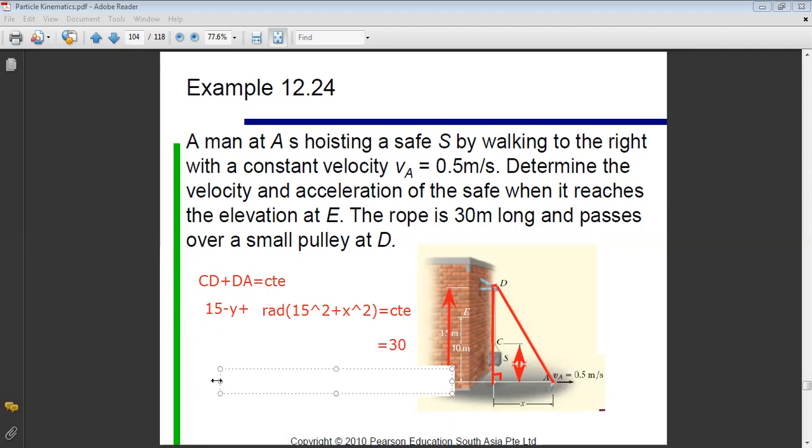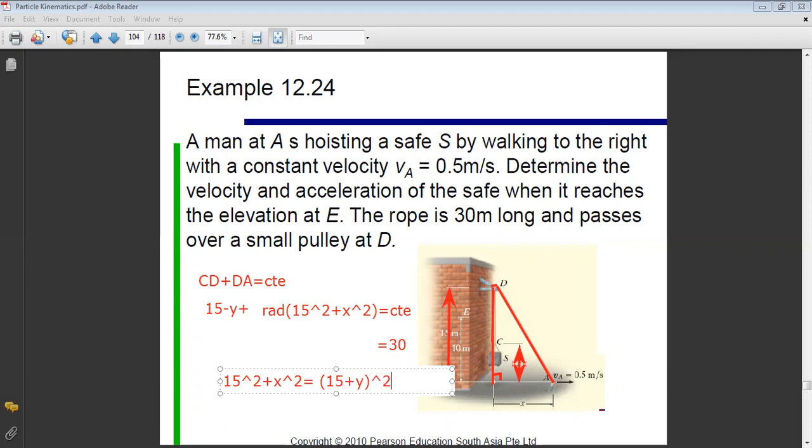So instead of the radical, I will get 15 squared plus x squared equals, when I take 15 minus y to the other side, 15 plus y, and I should put it squared since I also squared the other term. So 15 plus y, squared.